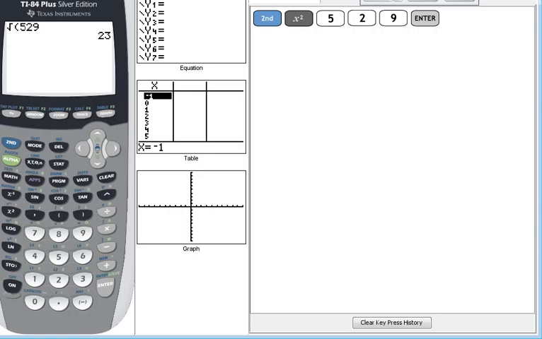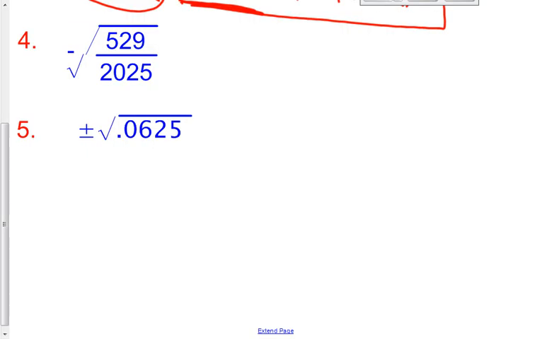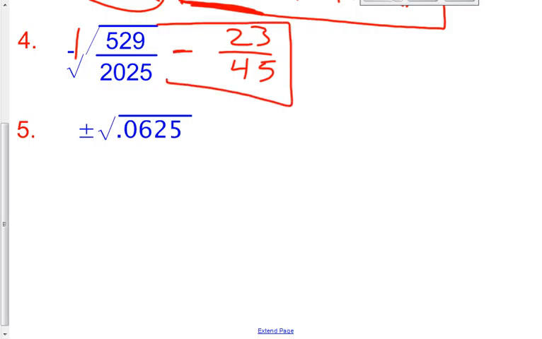So the square root of 529 over 225 is 23 over the square root of 2025, which is 45. 23 45ths, and then obviously this negative 1 is on the outside, so it's a negative 23 45ths. There's our answer for number 4.